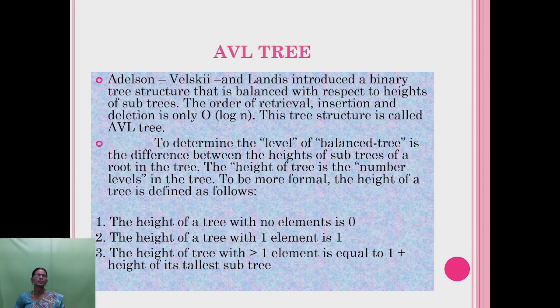So how do we find whether a tree is balanced? We take the difference between the height of the left subtree minus the height of the right subtree. Only then do you get a balanced tree. Normally 0, 1 and minus 1 are the acceptable range. Anything else is not accepted, so the tree is unbalanced, and then you have to balance it.